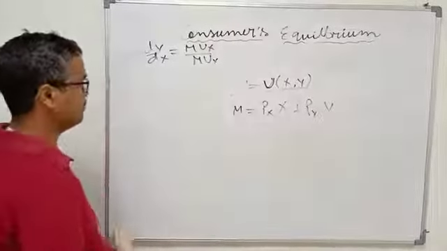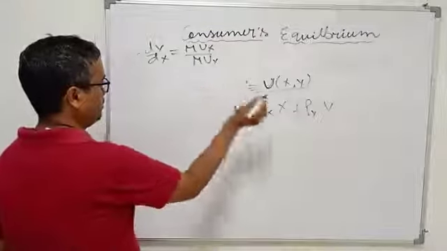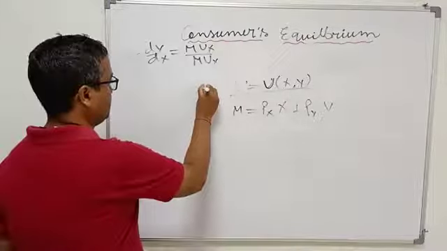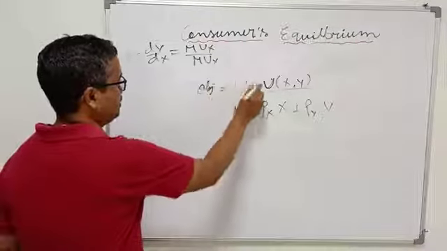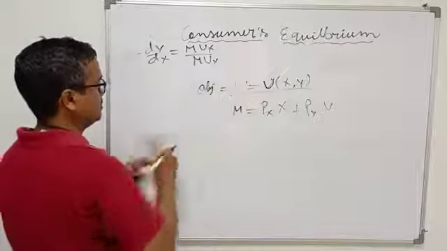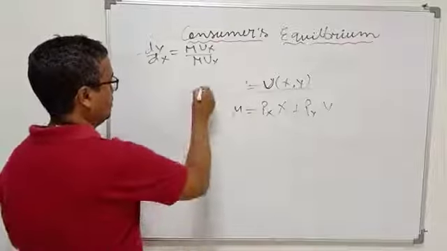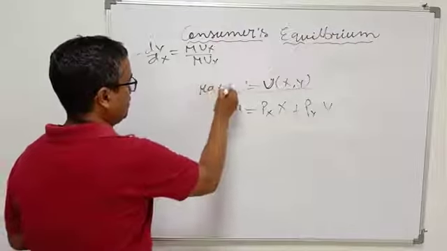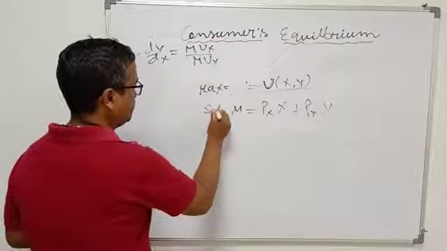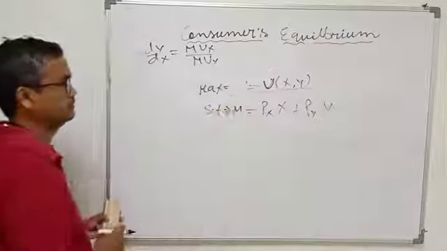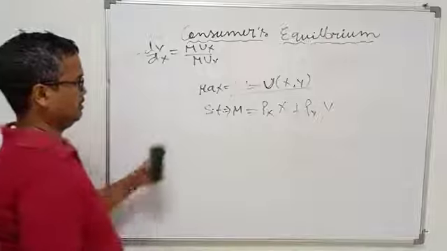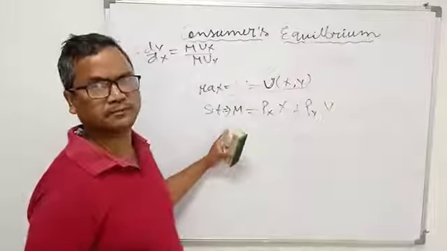So what is the form of this? Your objective function is to maximize utility subject to that budget constraint. This kind of concept is called constrained optimization.